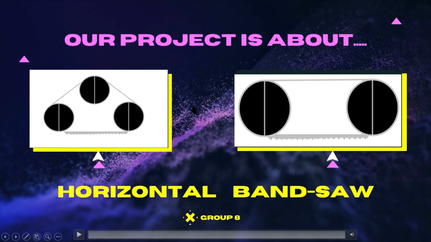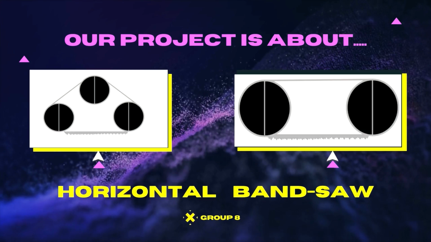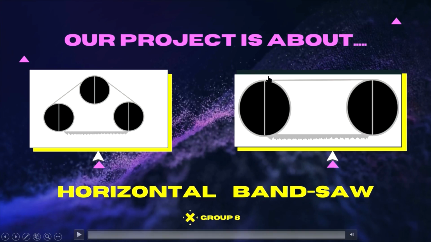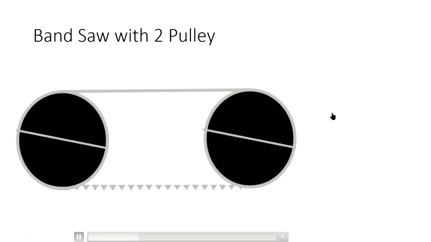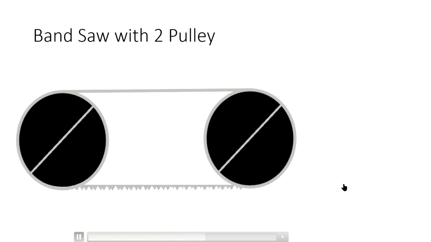For both designs, we will use different sizes of diameter to get the vector analysis for the rotating spindle and the maximum angular speed of the bandsaw for each pulley diameter, and to get the graph of angular velocity against the diameter of the pulley. We will get it from the theory in the report.